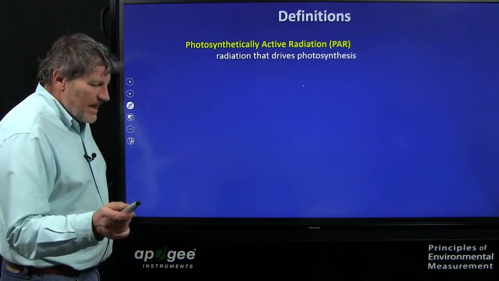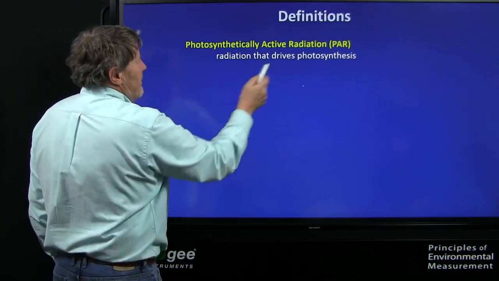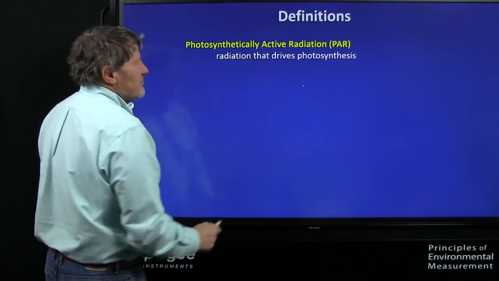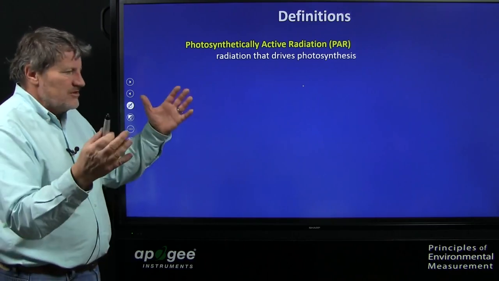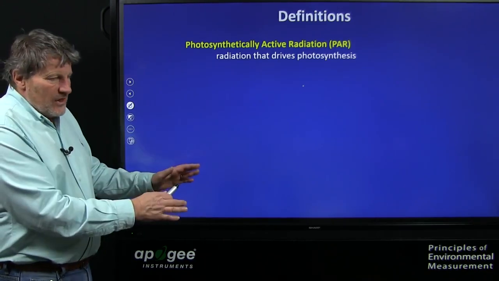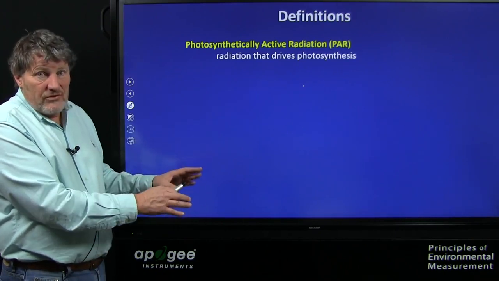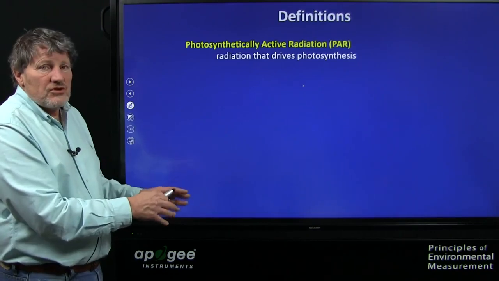All right, so a couple of definitions. First, and these are confusing to a lot of people. PAR is photosynthetically active radiation, and that just means the radiation that drives photosynthesis. UV light, that's radiation, but plants filter that out. It doesn't result in photosynthesis.